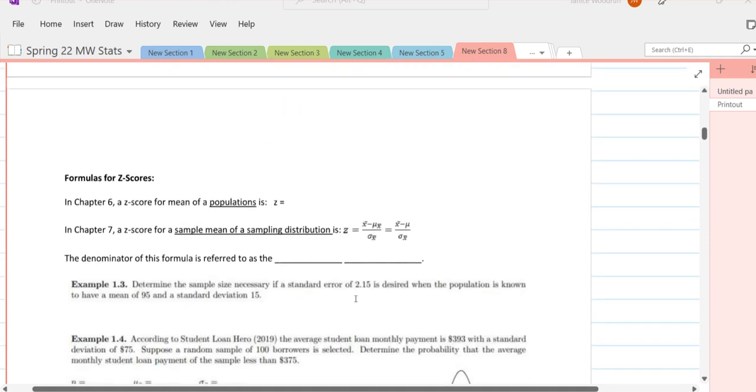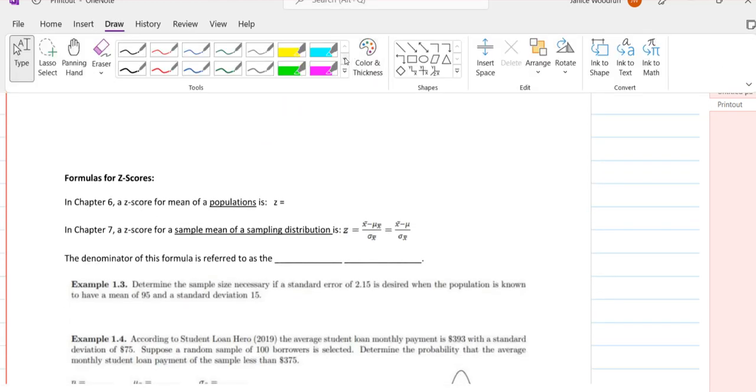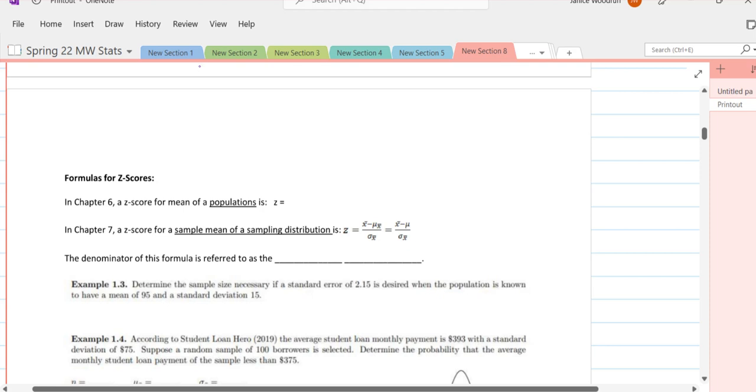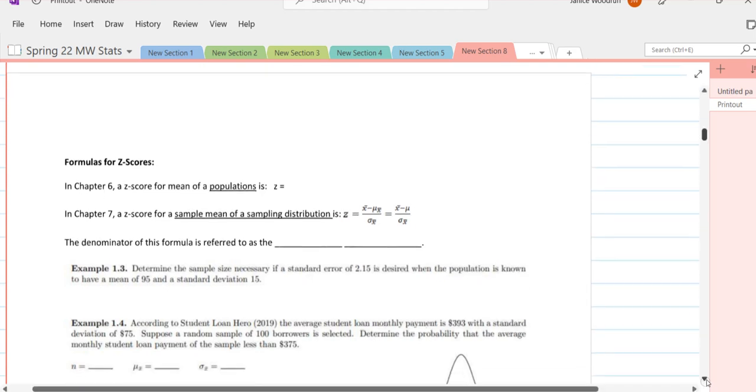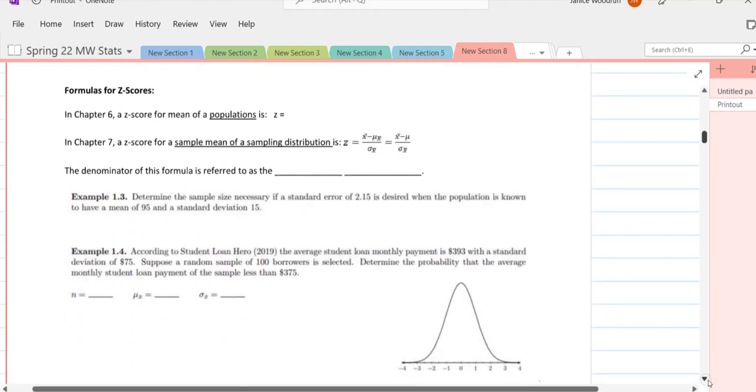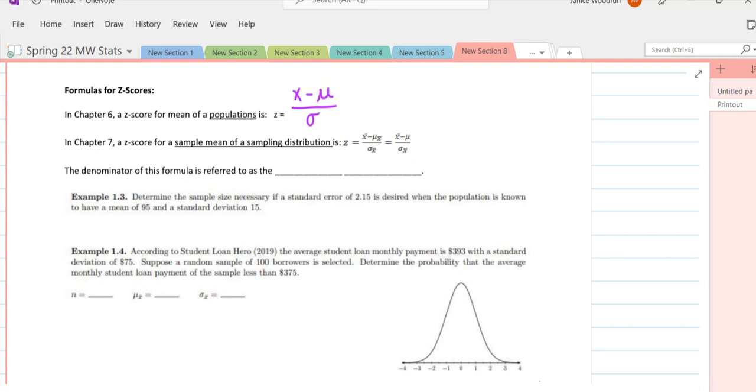Okay, now z-scores. All right, in chapter 6, the z-score for a population mean is x minus the mean over the standard deviation, when we were putting that on our normal distribution curve. Now in chapter 7, you have a different one.